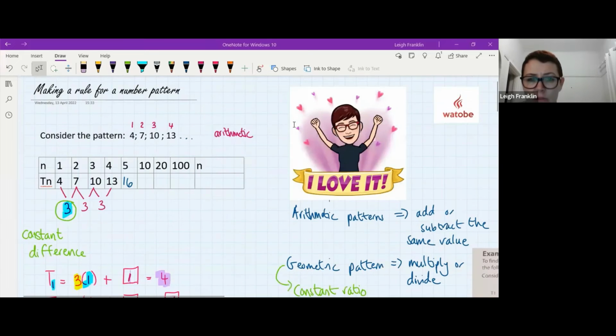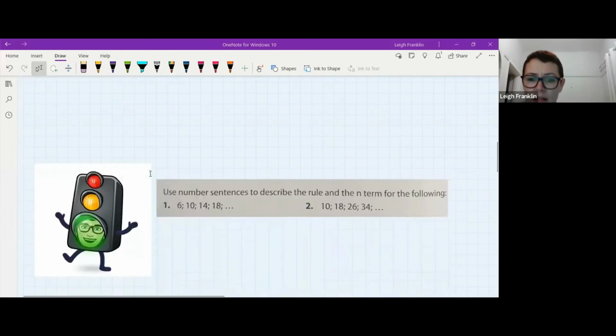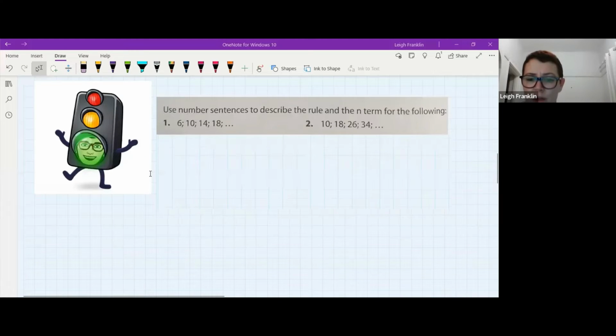The nth term for this pattern was 3n plus 1. That's what I want you to do with these patterns. Okay, now I understand. I thought we were supposed to figure the whole sum. No, we're just going to make the nth term.